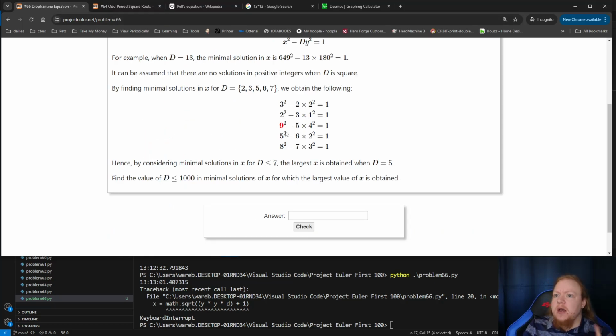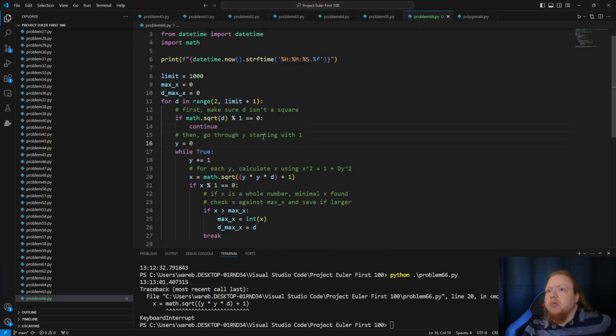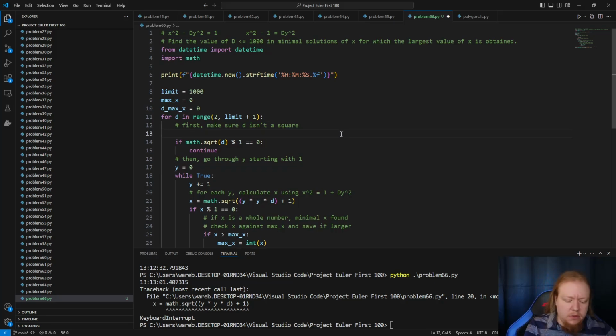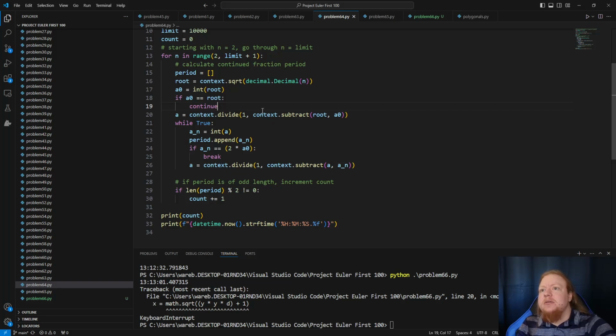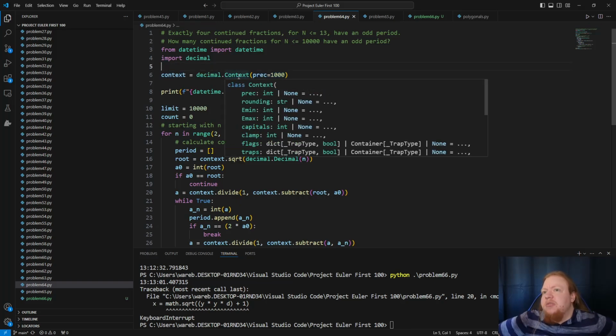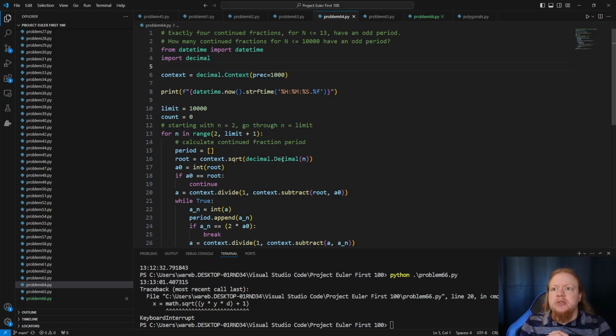So now that we know that, we can quite easily attack this problem. I'm going to pull out root because we will need root. And then we're going to look back at problem 64. I don't think we care about extra special precision for this because we only need the first two numbers.